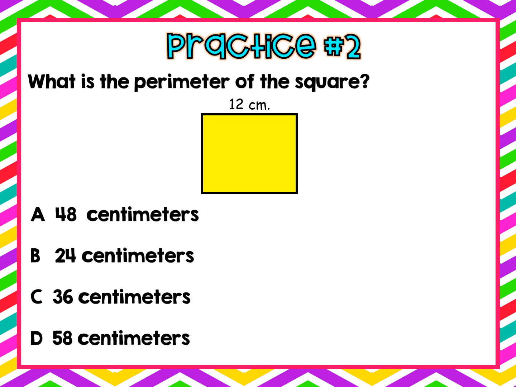Practice number 2. What is the perimeter of the square? You will have 30 seconds to complete the question on your own first. Go!